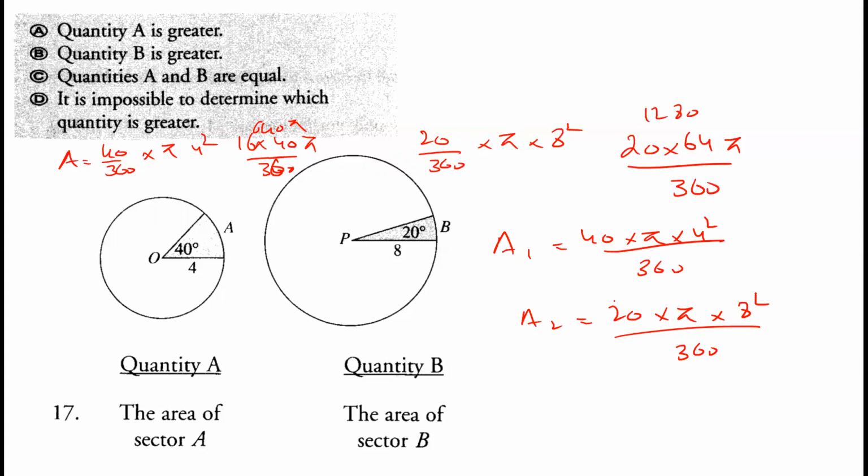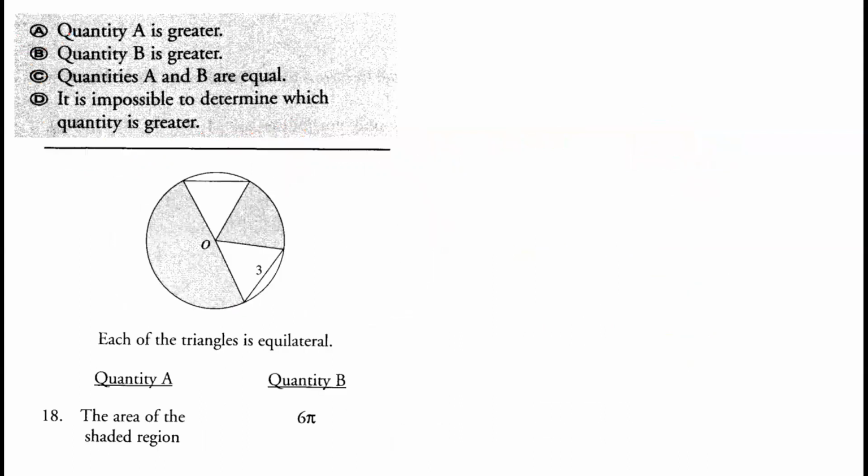Now this 40 is twice that of 20, but over here 4 square and 8 square. So definitely this numerator would be greater than this circle's numerator. And we have also checked. So 40 into 16 is 640, and 20 into 64 is something that is greater than 1000. So quantity B is greater than quantity A. So option B is correct.